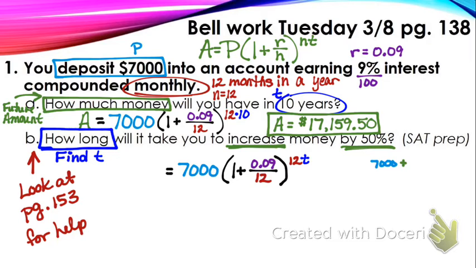Half. So I want it to go up by half. Well, we started with 7,000, right? What is half of 7,000? 3,500. 3,500. So I want 3,500 to be my final amount.